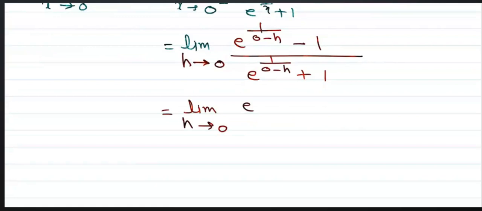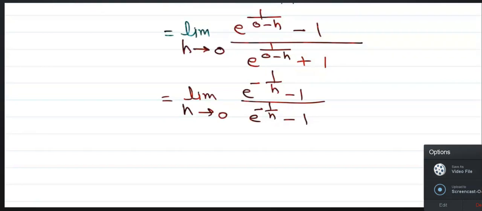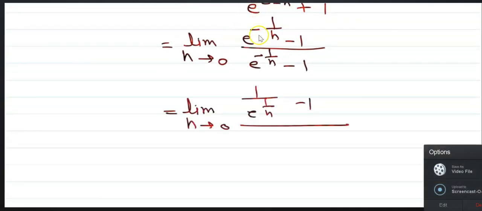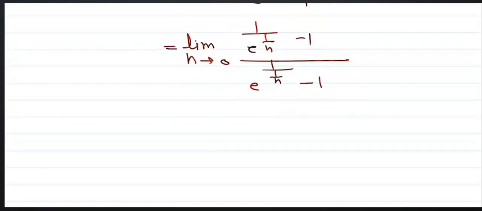Limit h tends to 0 of e raised to minus 1 upon h minus 1 upon e raised to minus 1 upon h plus 1. Now see this again here. Now the power of e is minus 1 upon h, it will become plus, that is 1 upon e raised to 1 upon h minus 1, and the denominator is also 1 upon e raised to 1 upon h plus 1.